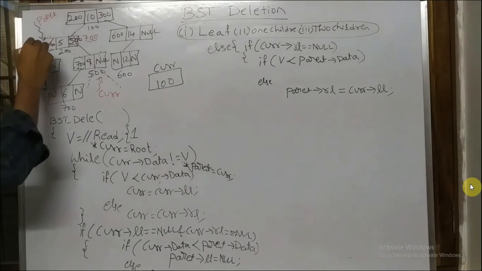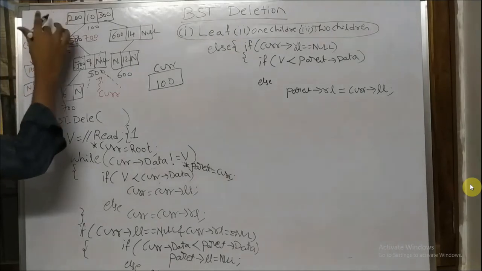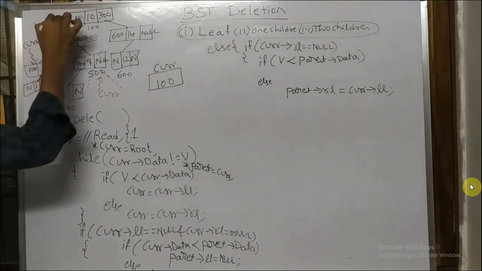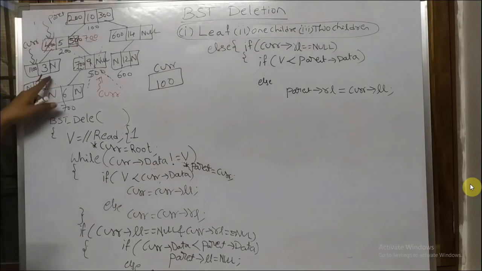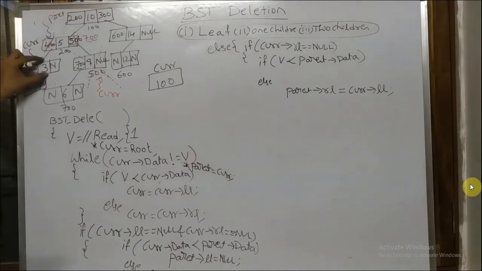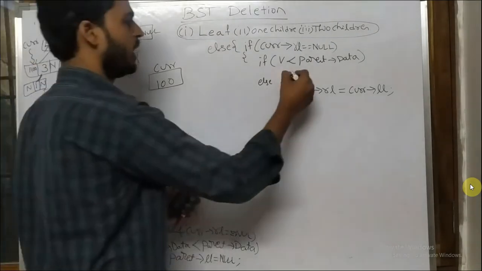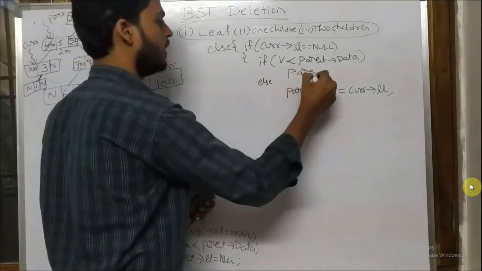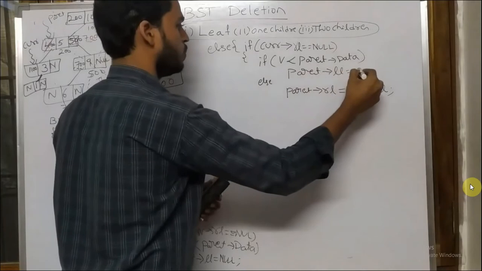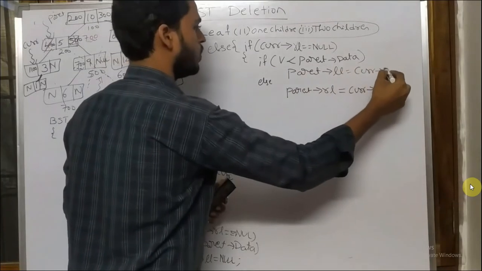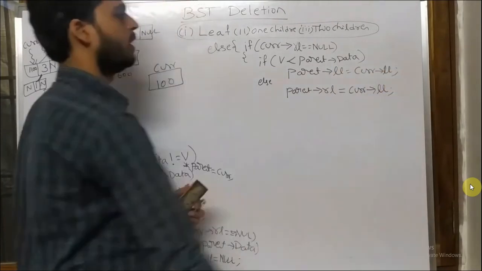Deleting this node means it is the current, and with respect to this one, this is the parent. Now you have to identify whether this node is deleted or not. So here we have to write parent tends to left link equal to current tends to left link.